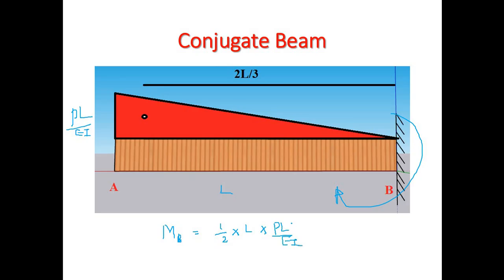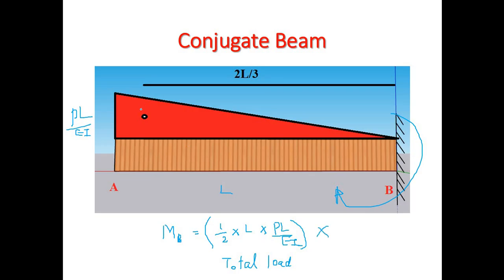So this is the total load as you see. Then the moment is the total load multiplied by the lever arm distance, and the lever arm distance is the centroidal distance.